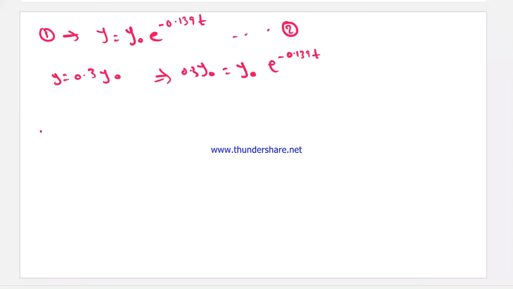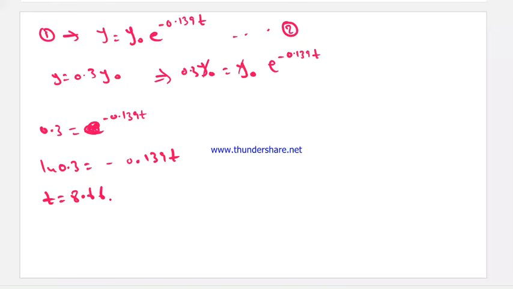And that gives us 0.3 is equal to exponential minus 0.139t, as the Y naught cancels out. Then ln 0.3 will be minus 0.139t, and with that our t will be 8.66 minutes, which is approximately 9 minutes. So that means in 9 minutes our laundry will be 70% dry.